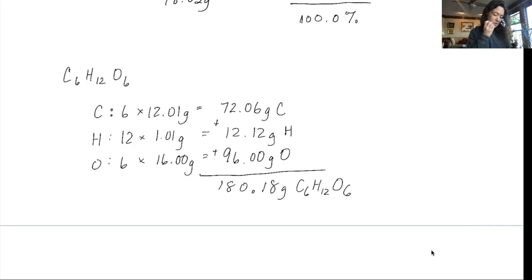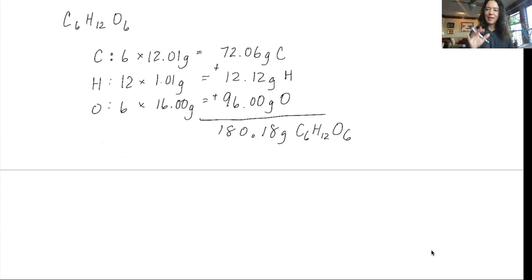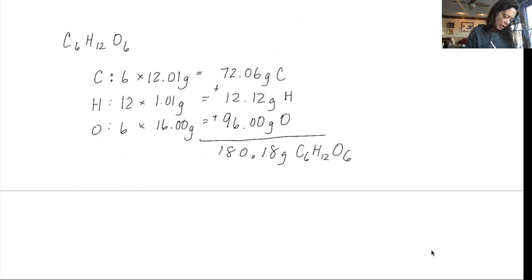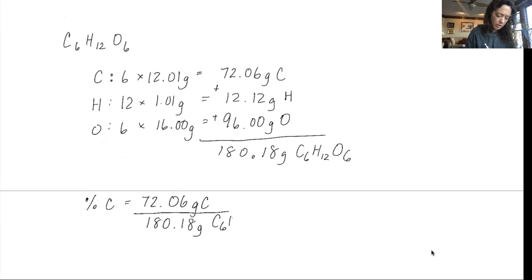All right, so I'm going to do this slightly differently. No. The percent carbon, I'm not going to do it differently, is equal to the 72.06 grams of carbon divided by the 180.18 grams of the compound.